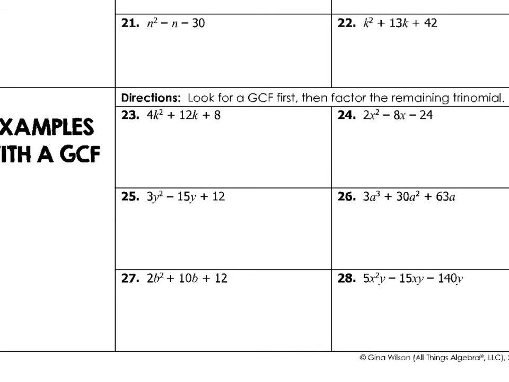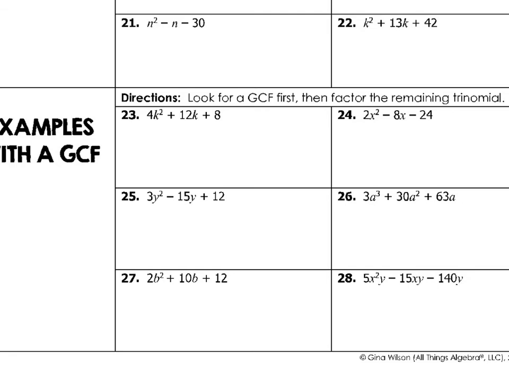You always check to see if there's one. First off, you need to have a complete factored form. Second, it saves you from trying to find the factors of a large number, all right? When you take that greatest common factor out, it makes the numbers you're factoring smaller. So always look for a GCF first.